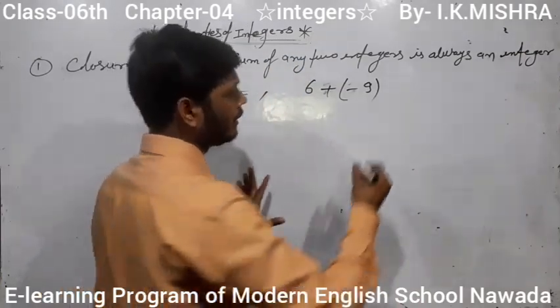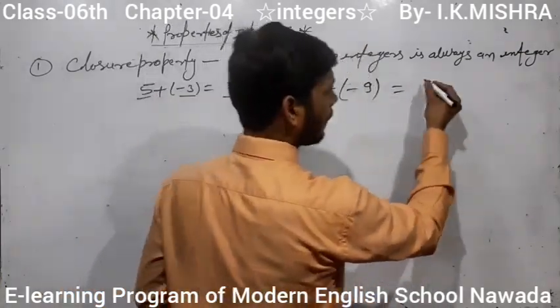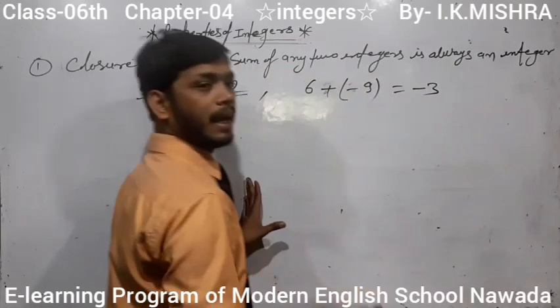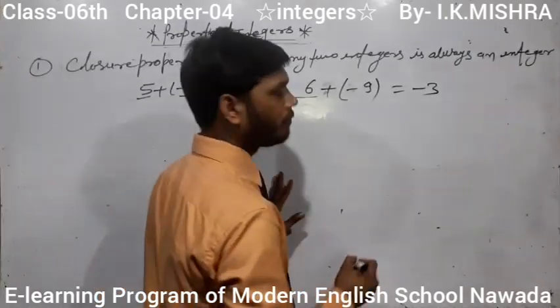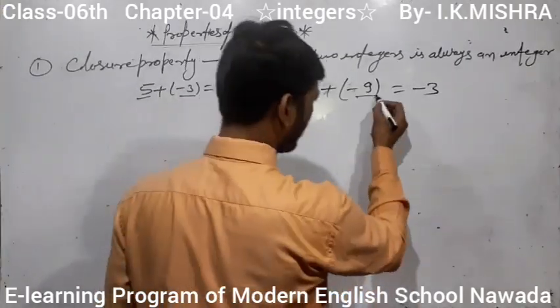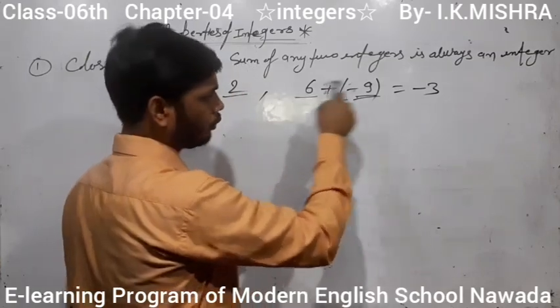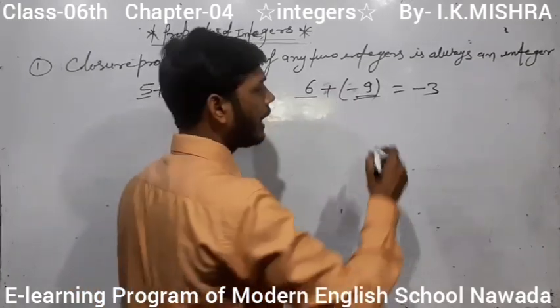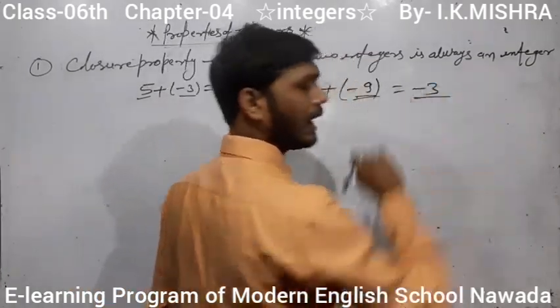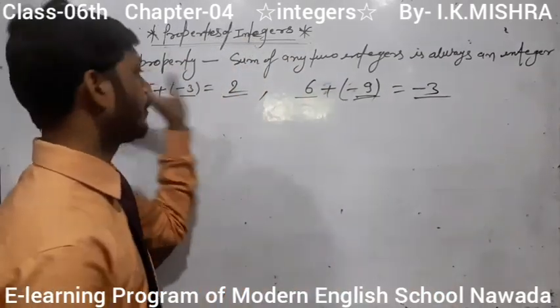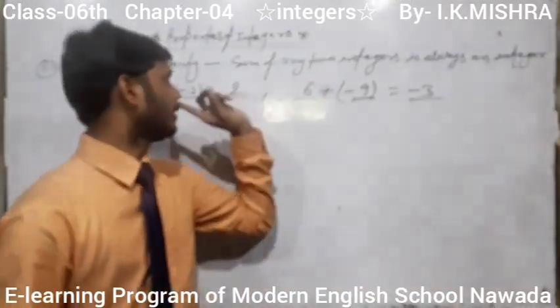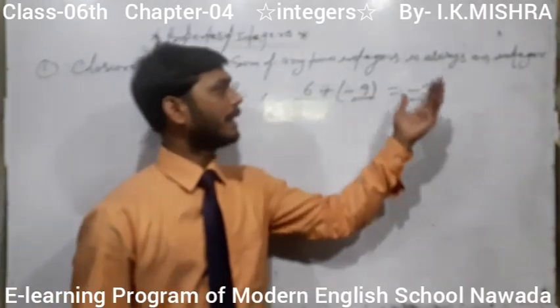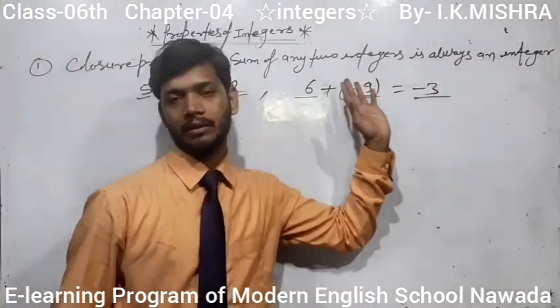Here, students, the result is equal to minus 3. And here 6 is a positive integer, here a negative integer, but those are integers, and the result is also an integer. So the first, closure property, is clear. The sum of any two integers is always an integer.